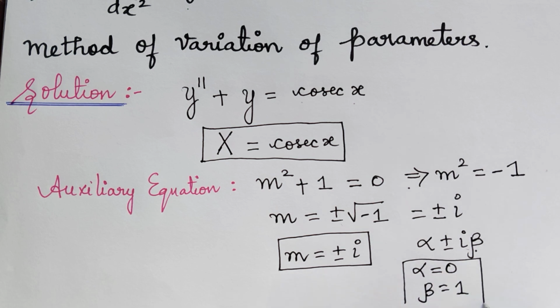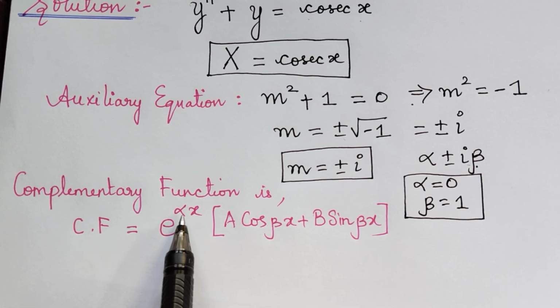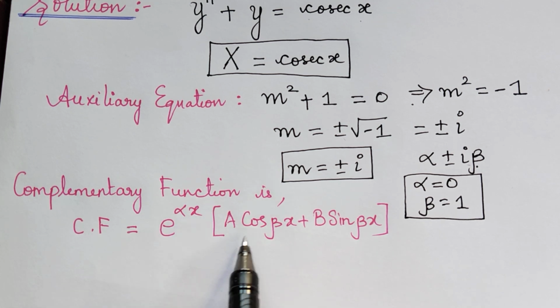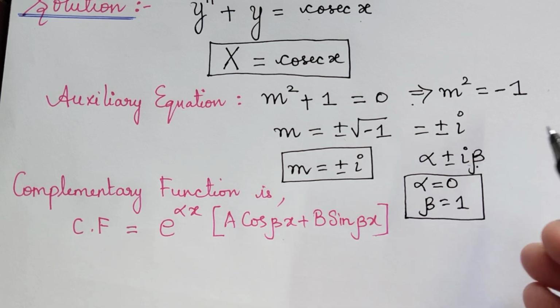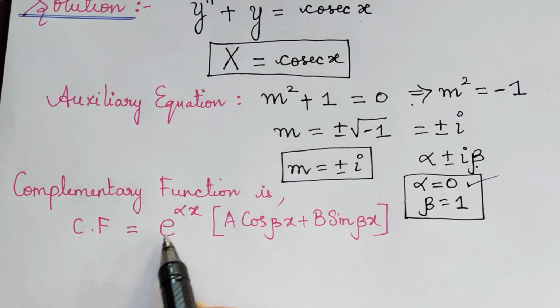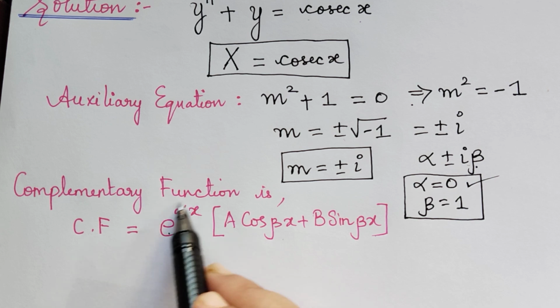Now using this, we have to write the complementary function. Whenever imaginary roots occur, the complementary function is given by e to the power alpha x multiplied with a cos beta x plus b sin beta x. Since alpha is 0, e raised to the power 0 becomes 1.